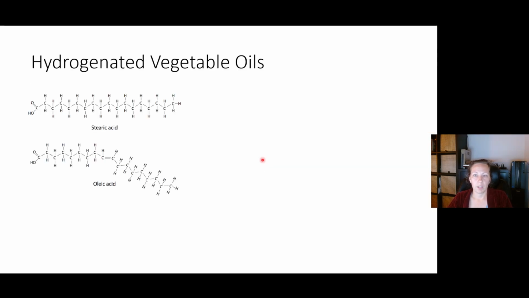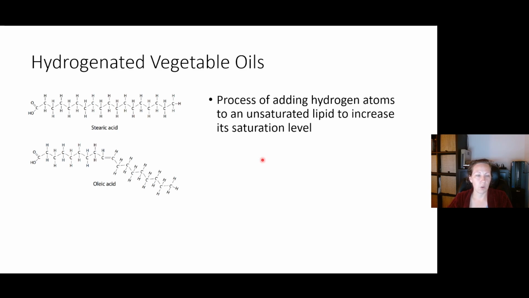Now, the other thing that they can do for that is to use hydrogenated oils. And so hydrogenation is the process of adding hydrogen atoms to an unsaturated lipid to increase its saturation level.